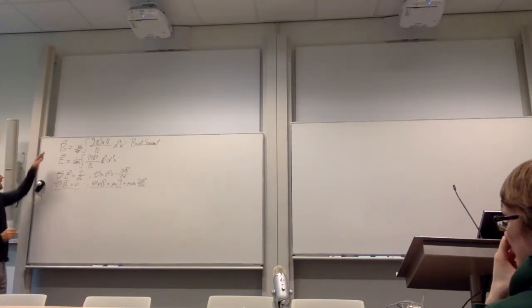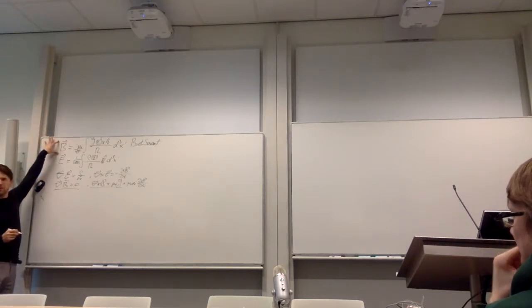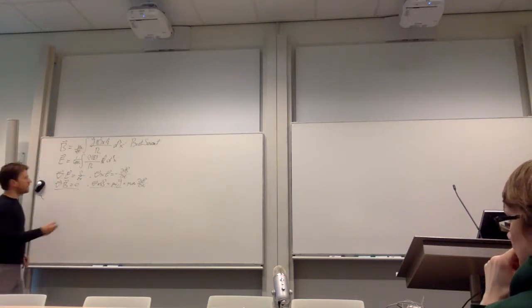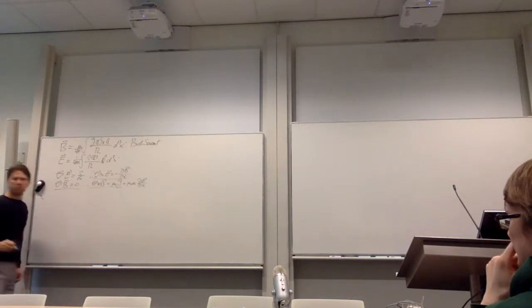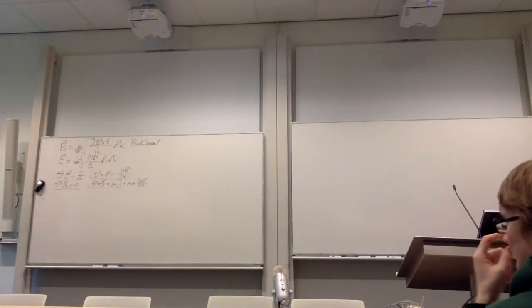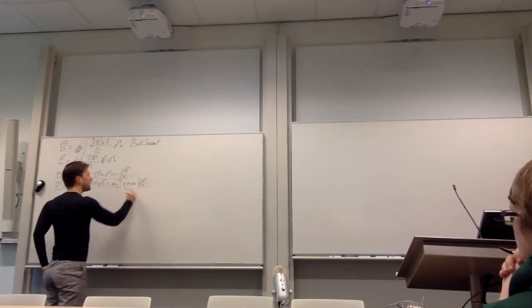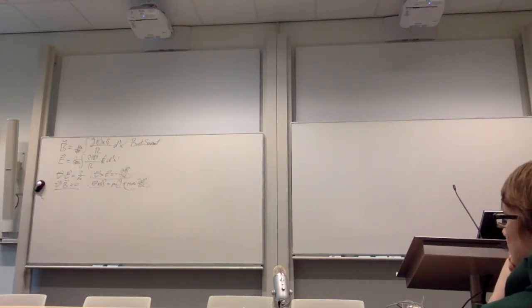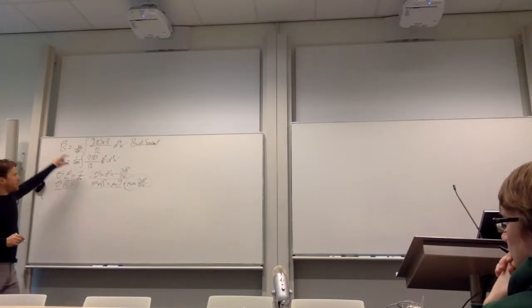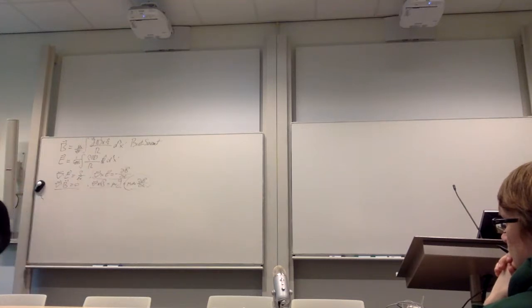This one comes directly from that one, just by doing the math. And then this one I took as a separate experimental fact, that if you wiggle a magnetic field around, you get a changing electric field. And this one then had to be there out of mathematical consistency. This is how we got there. So if you will, I put in 3 experimental facts. These 2 and this one. That's what we did.